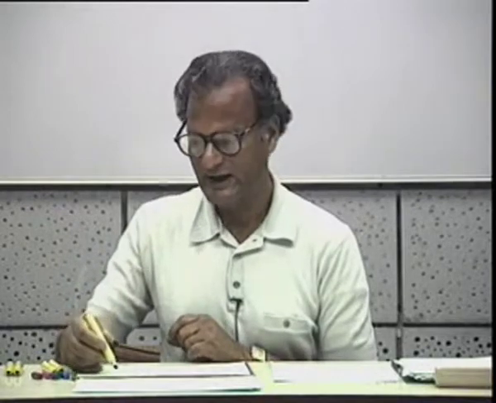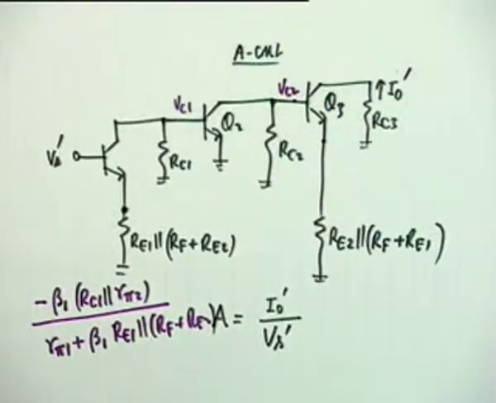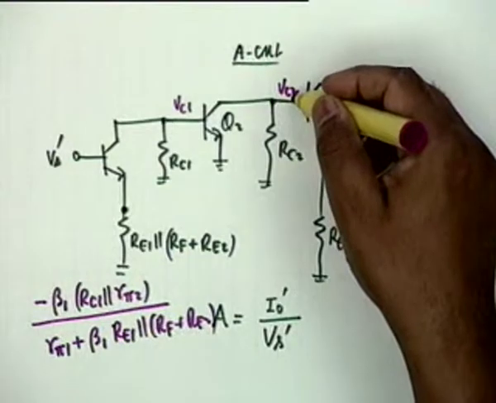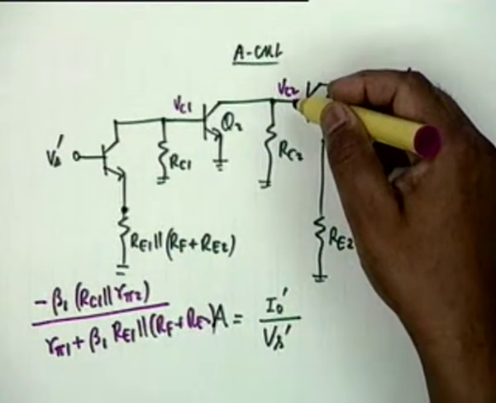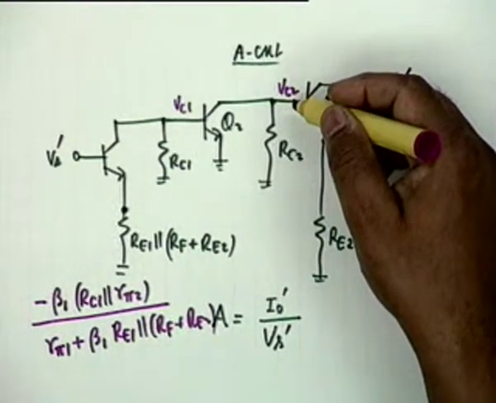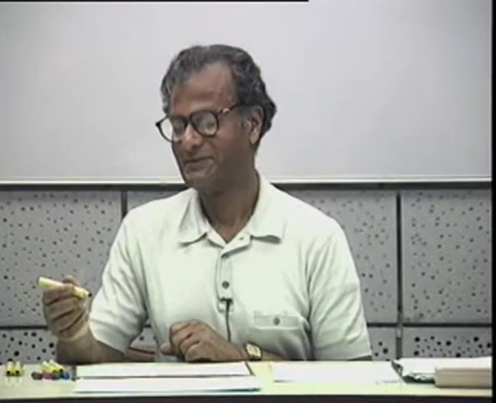Okay. Now for the third stage, I0 prime by Vc2, what would be this transfer function? Minus Gm3 multiplied by, it is the output current which is Gm3 V pi 3.